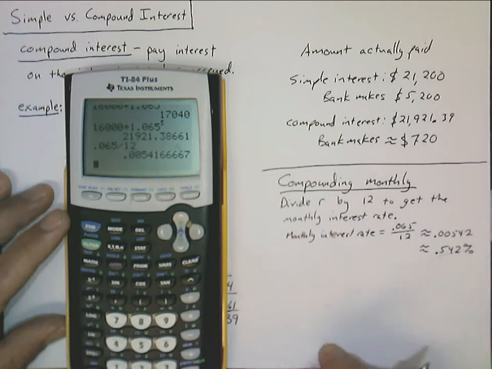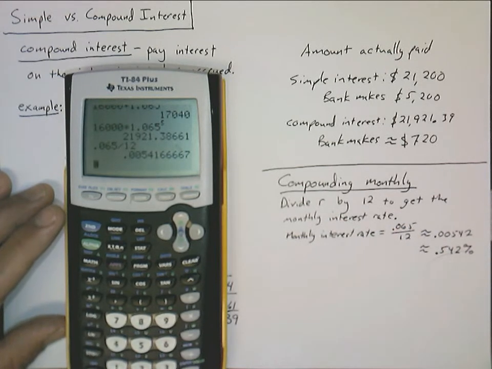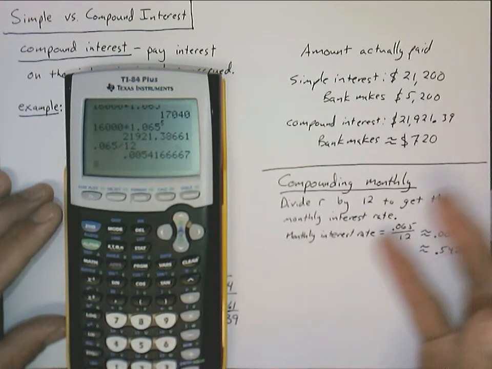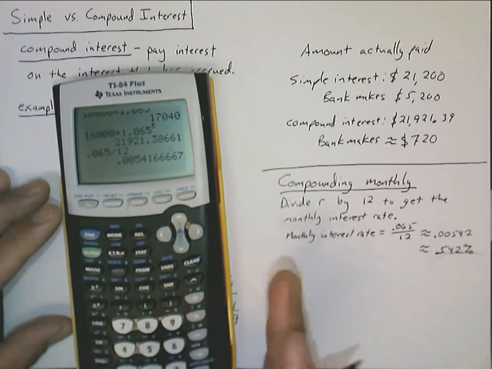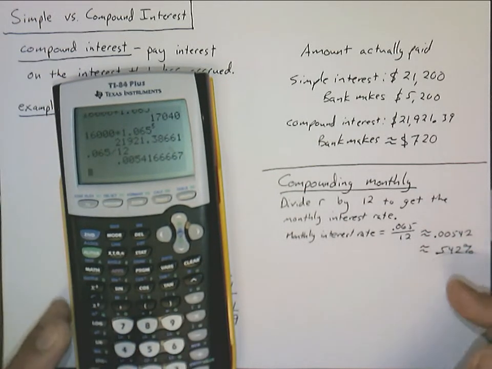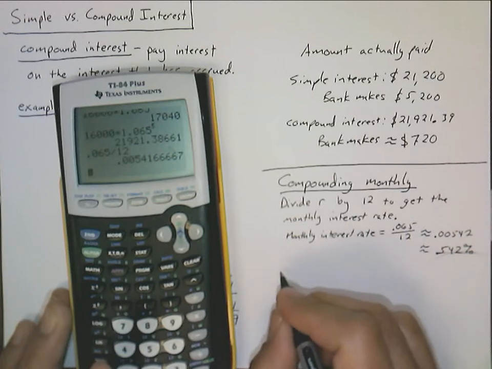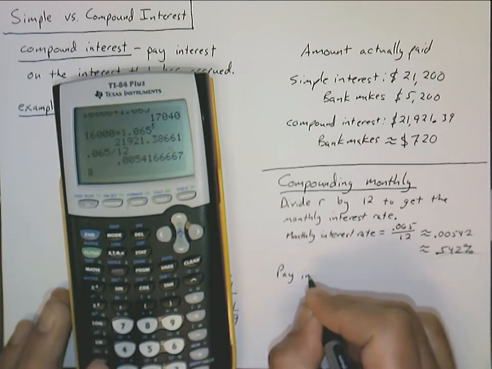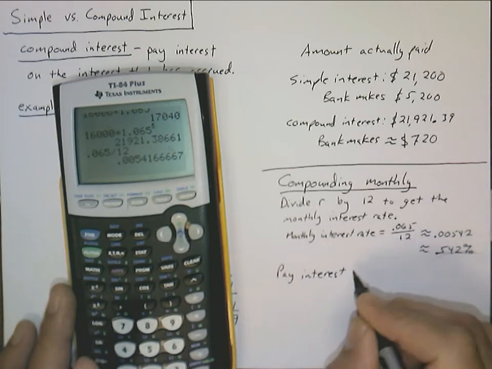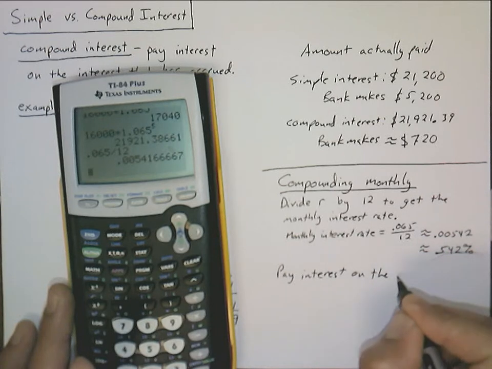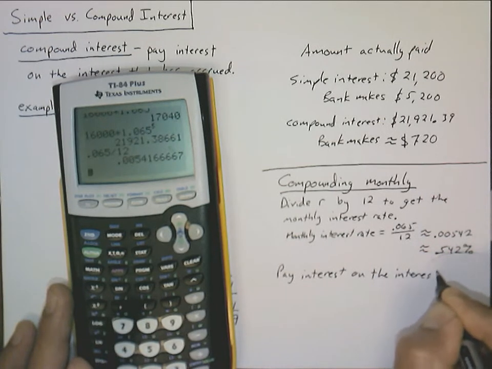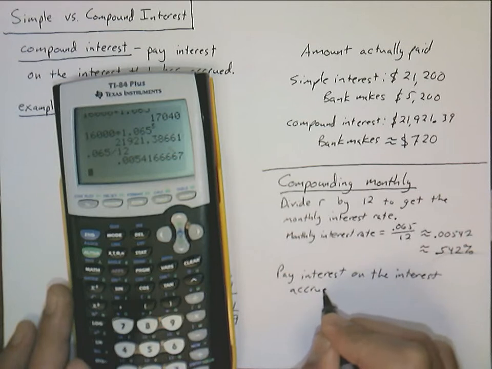So 1/2 of 1%. Doesn't really matter, but it's a pretty small interest rate. But the way this is going to work is we actually have to pay interest on the interest accrued each month.